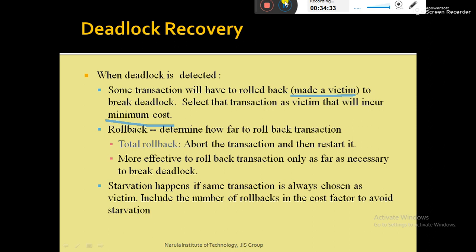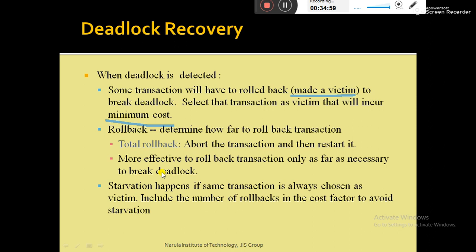Next, once the victim is selected, we have to roll back. Rollback means we have to undo the effect of whatever has been done. Rollback can be of two types. Total rollback means the selected transaction, the victim transaction, needs to be aborted and restarted.